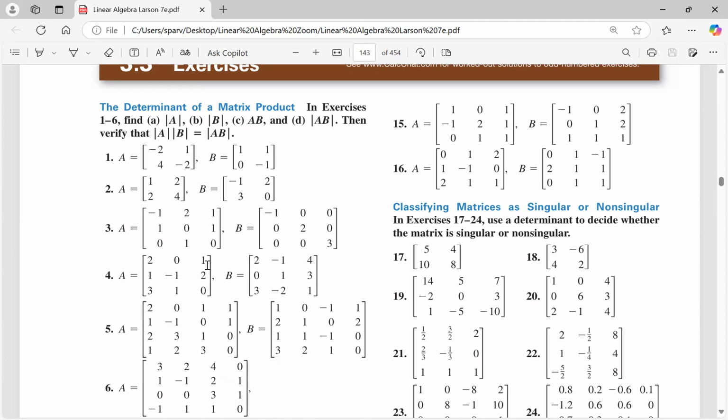Part A, determinant of A is. Part B, determinant of B is. Part C says find the product matrix AB, and part D, the determinant of AB. Now here's the cheating part. Don't tell anyone we're doing this.